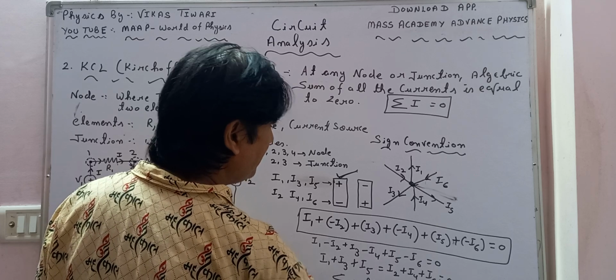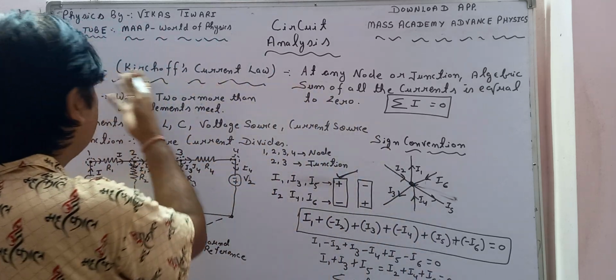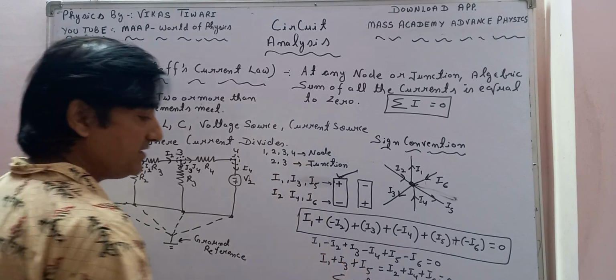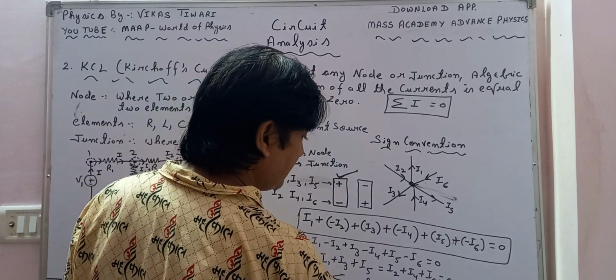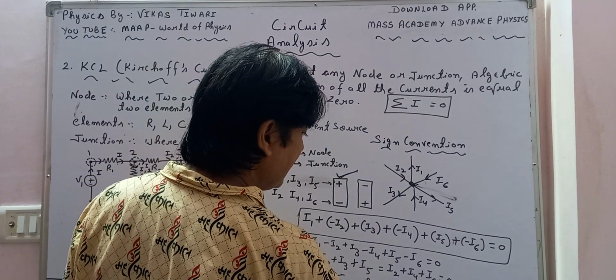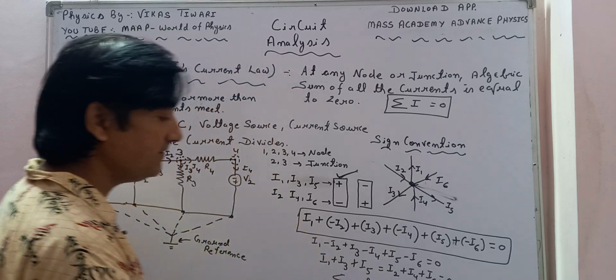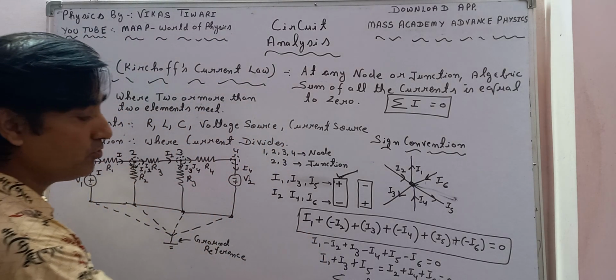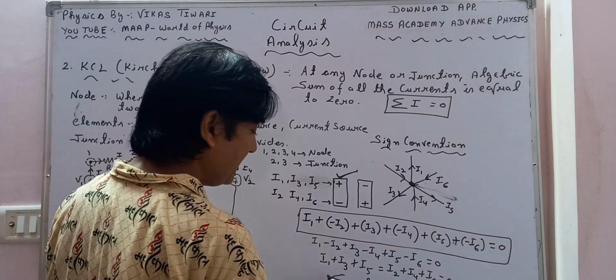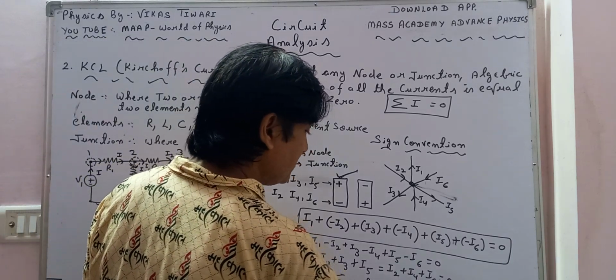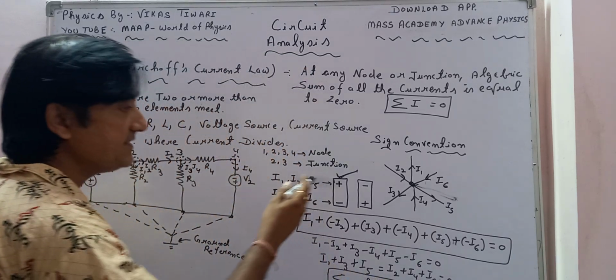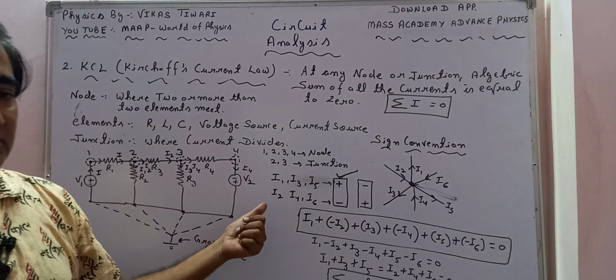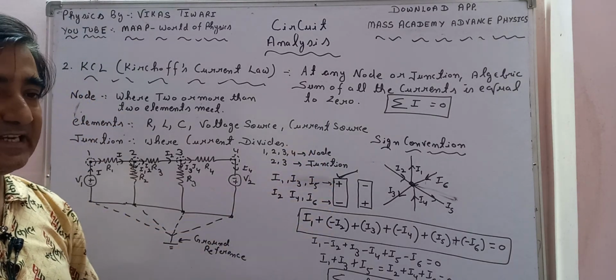Another form or definition of KCL: the sum of all the outgoing currents at any junction is equal to the sum of all the incoming currents. So this is what we call KCL. This is the elaboration of KCL.